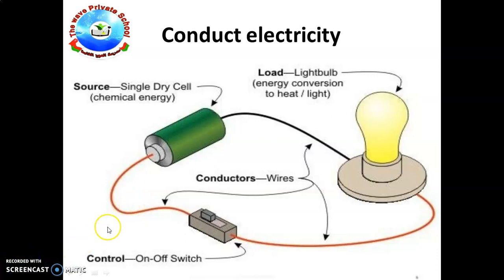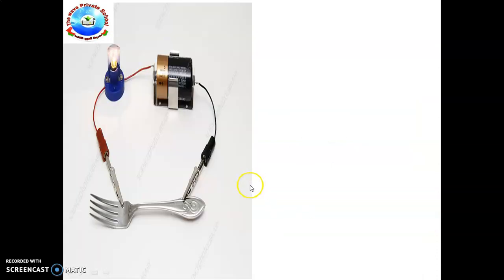Here you can see a circuit. This is a battery and a light bulb, here a switch. These are the connectors, these are the wires. These will conduct electricity from the battery to the light bulb to light it. If you see in the circuit, I have kept a fork here.